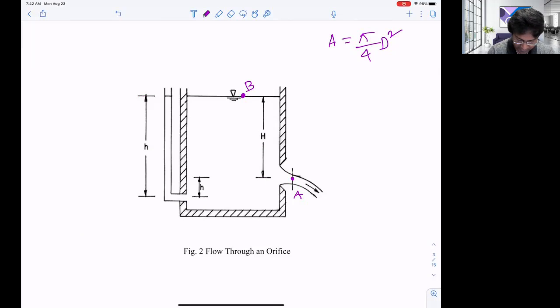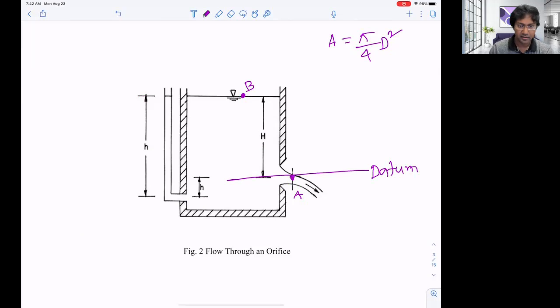I'm assuming that this is my reference point, the datum, so we don't need to add any elevation head, because that is the reference line I'm assigning here. So you only have to add the pressure head and the velocity head.